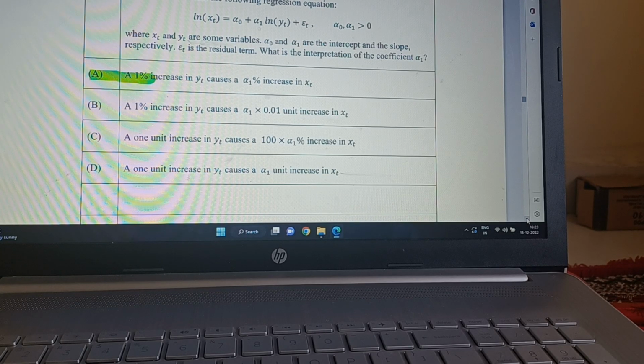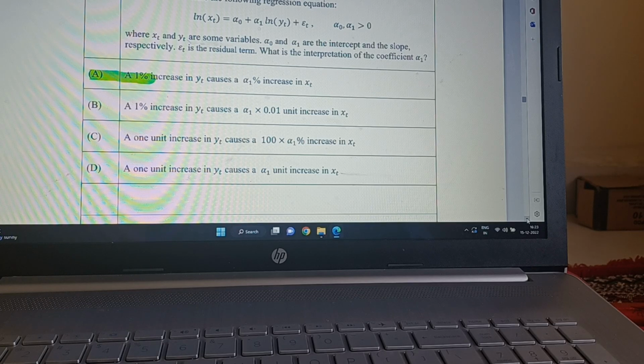So here this is a log function, because it is not just xt, it is ln xt. So this is the natural log of xt, and the independent variable is ln yt. So yt is also in log terms, hence this function is called a log function. This kind of function shows elasticity or percentage changes.